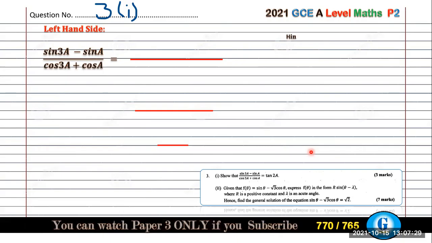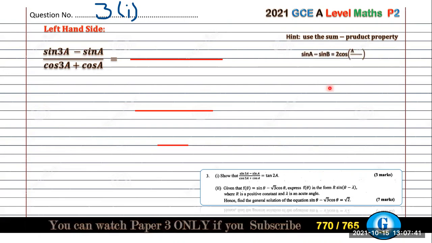Now this is the hint: we will have to move from sum to product for the numerator and for the denominator. We know that sin a minus sin b is equal to 2 cos((a+b)/2) sin((a−b)/2). This is the transformation from difference to product. According to this question, our a here is 3a and our b is a.